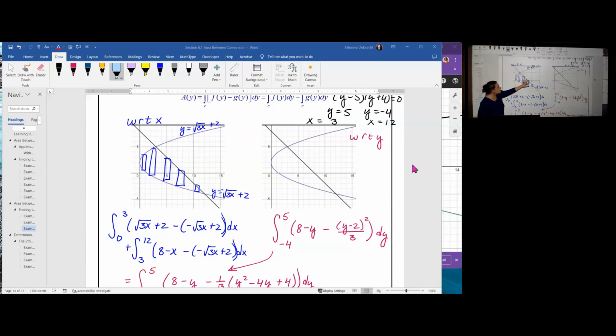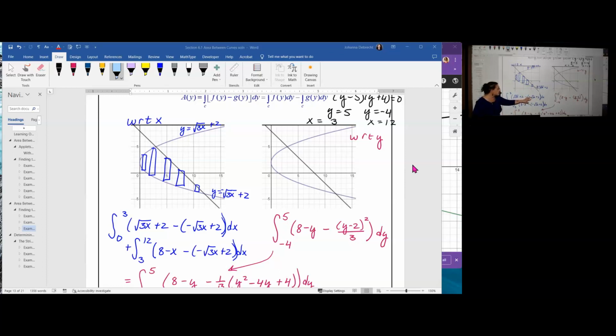I would also have to solve the equations for y in terms of x. Doing that will give me the square root of 3x plus 2 for the upper arm and the negative square root of 3x plus 2 for the lower arm.